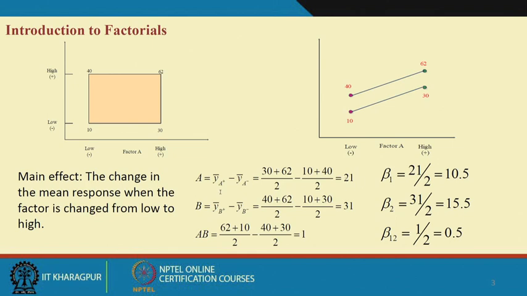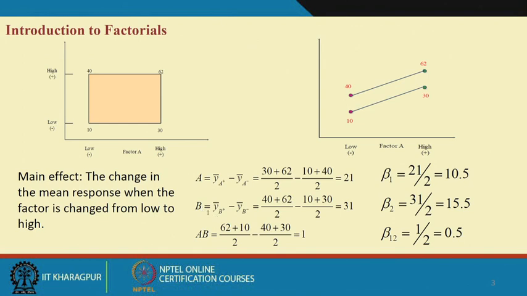What does it mean? If you change A from low to high, the y change will be 21. Or if I say it is from minus 1 to plus 1, the change is 21. In the same manner, you can compute the B effect.